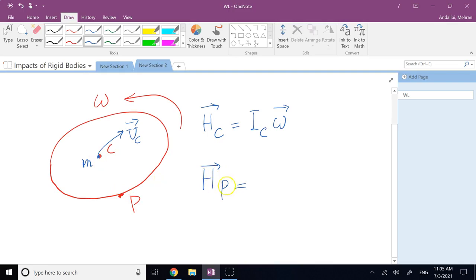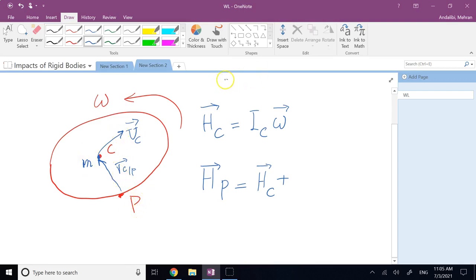It says the angular momentum about P is the same as what it was about C, plus, if you concentrate all the mass at the centroid and put the velocity of the centroid there, with this vector r of C with respect to P, a particle with mass m and velocity v_C located by this vector from point P, what is the angular momentum of that single particle from point P?